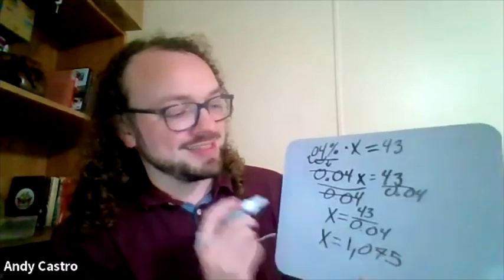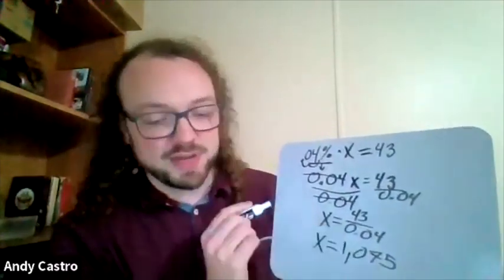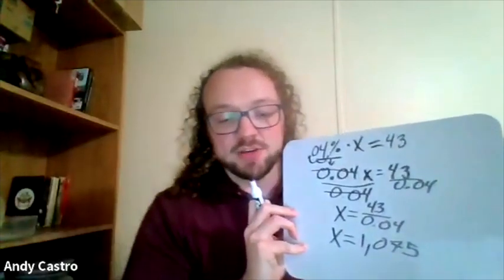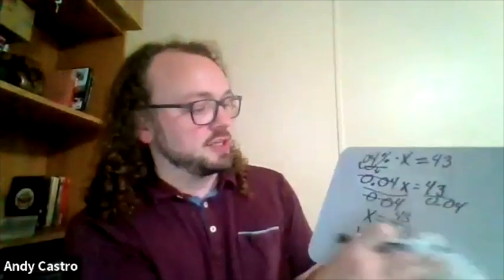It is 1075. So just ask your calculator how to do that, and you'll get 1075. So if you got that, then you're doing well on these percent problems. Let's do just two more of these, and then we'll move on to tonight's lesson.